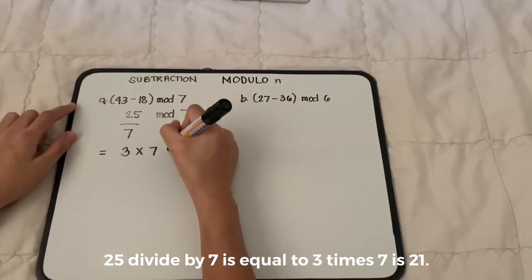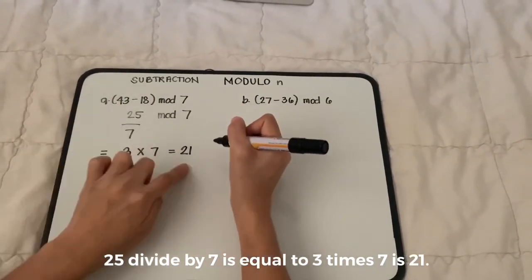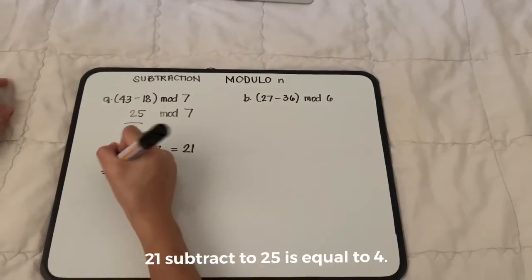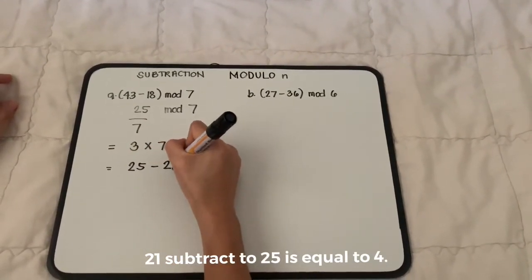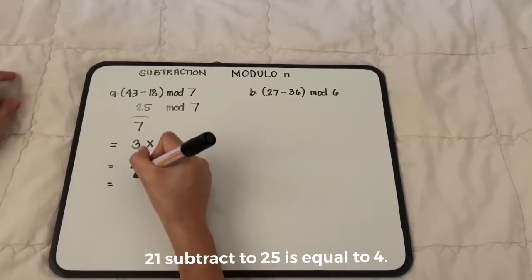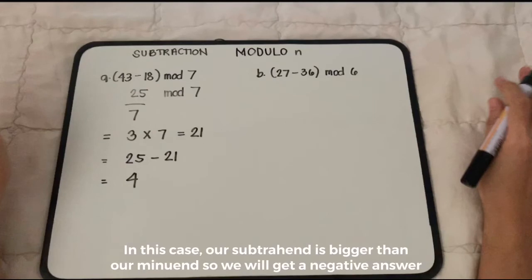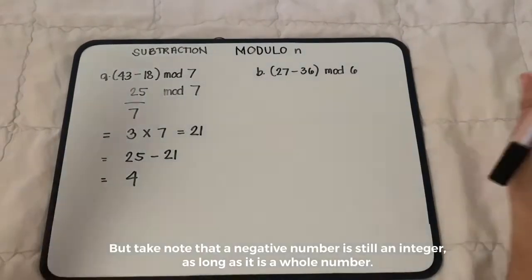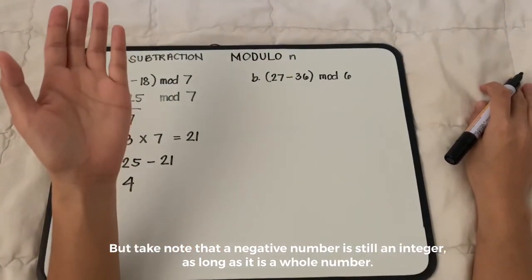Since it's a whole number, 3 times 7 is equal to 21. 21 subtract from 25 is equal to 4. In this case, our subtrahend is bigger than our minuend, so we will get a negative answer. But take note that a negative answer is still an integer as long as it's a whole number.